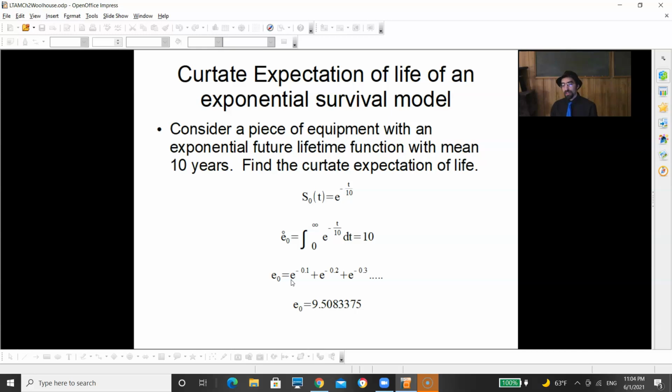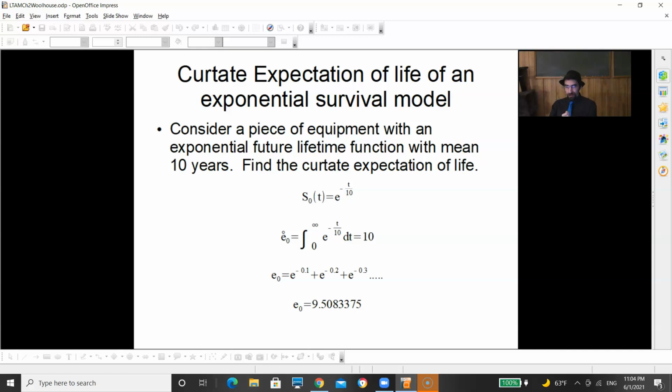Now we realize that this is a geometric series. And using the formula for the sum of a geometric series, crunching it on a calculator, we get curtailed expectation of life is 9.50833375. Now, that's an awfully large number of significant figures.